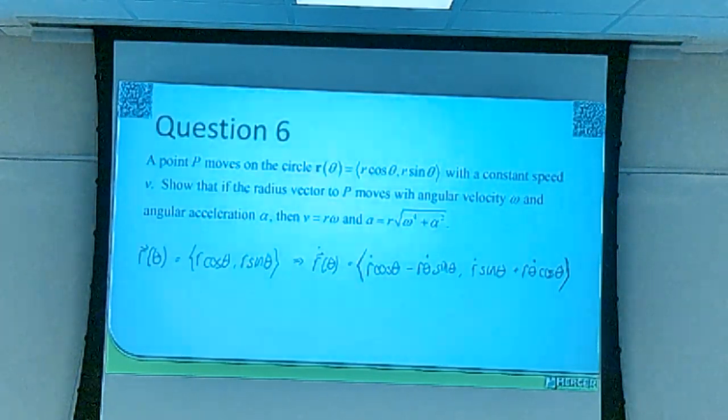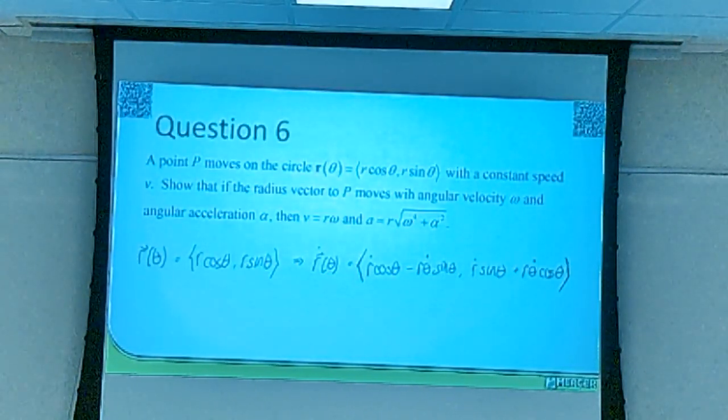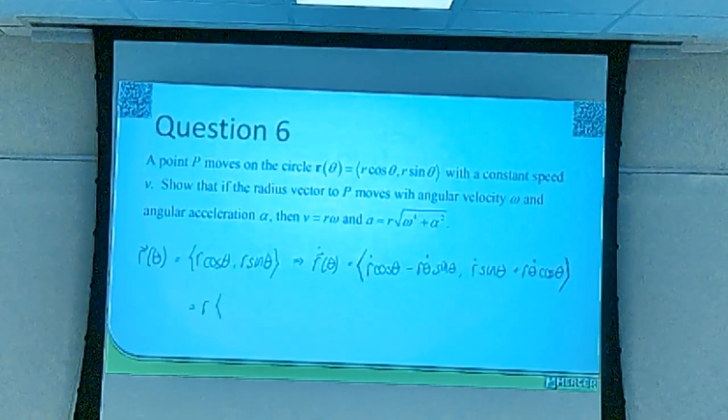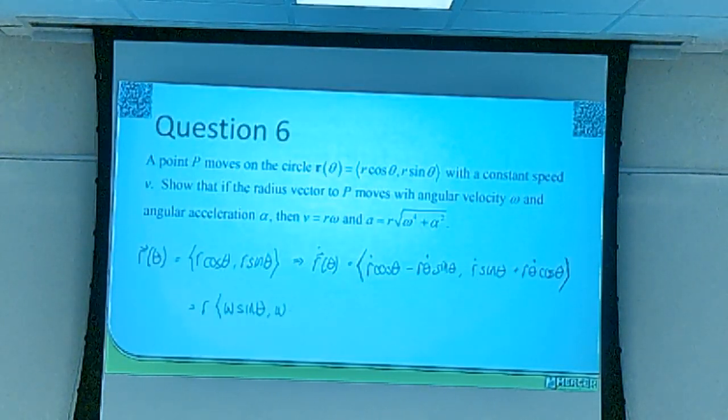But theta dot is omega. R dot is 0 because the radius of the circle is constant. That would be R dot, which is velocity.